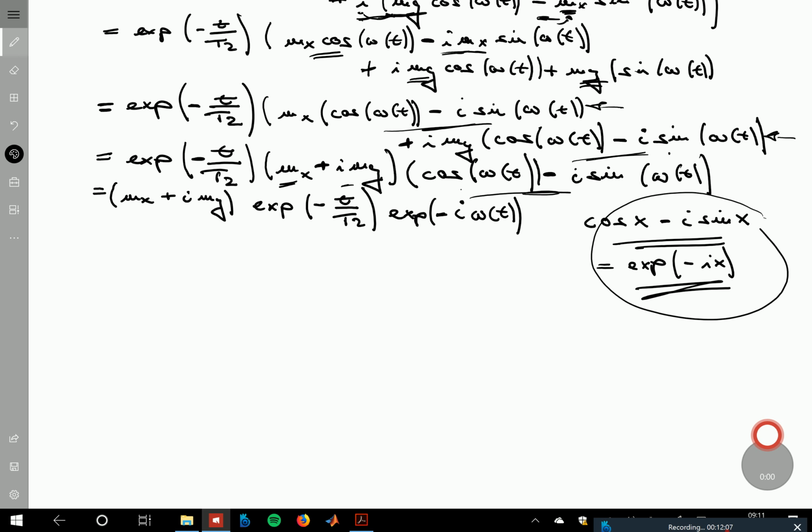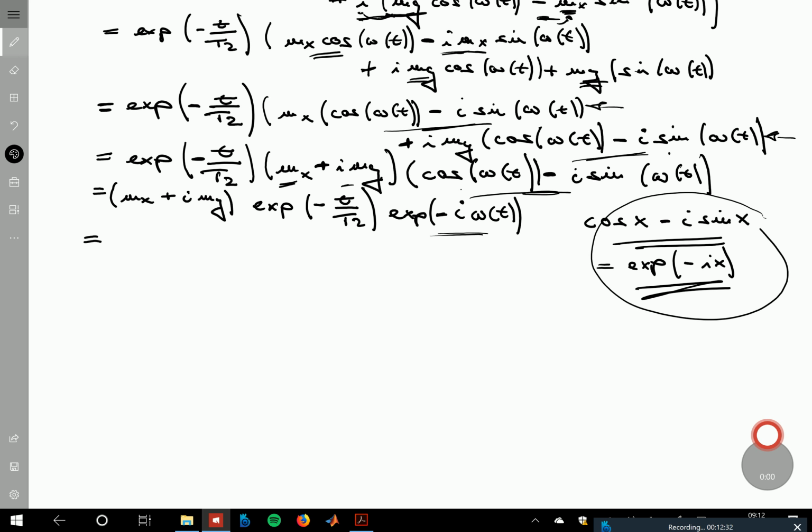So we have now basically gotten rid of our cos and sine and reformulated in terms of the complex exponential. But again, this is just because the exponential with the complex number is equal to the cosine plus the I times the sine.